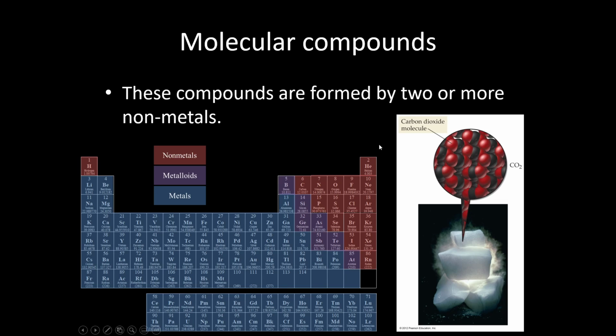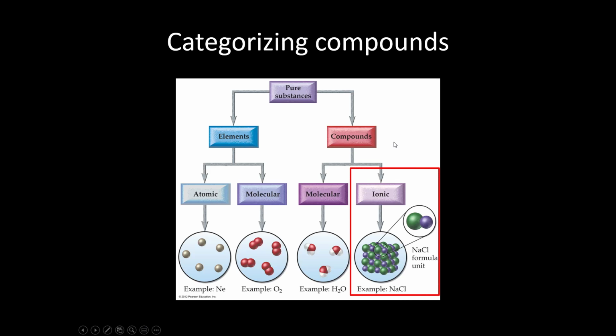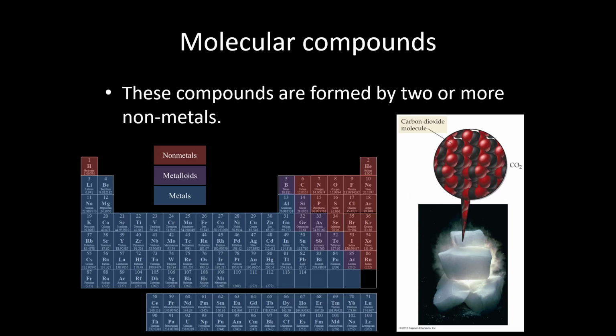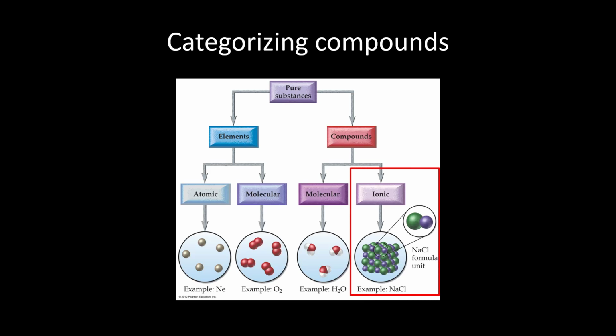Okay, so this is just more details talking about the different kinds of compounds, molecular versus ionic. Just to remind you, molecular compounds are when you have 2 or more nonmetals and only nonmetals. And then ionic compounds are where we have a metal and a nonmetal.